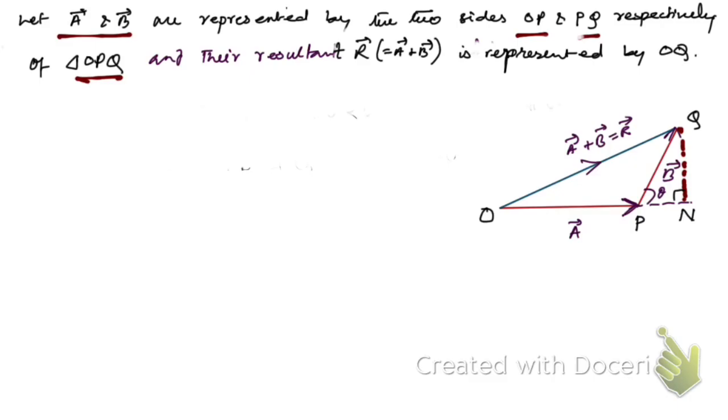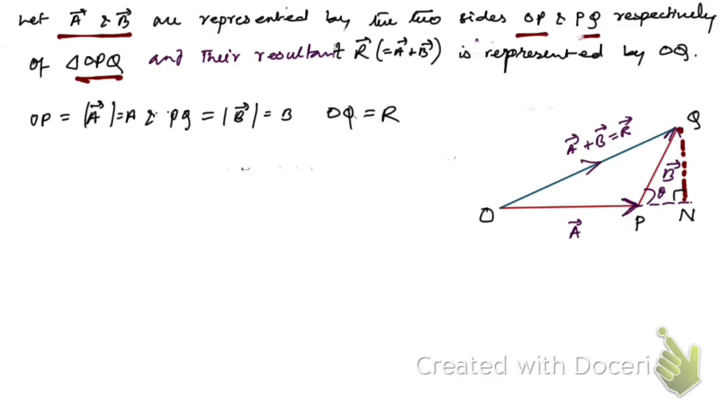Here the length of OP gives the magnitude of vector A, and the length of PQ gives the magnitude of vector B, simply B, and OQ represents R.